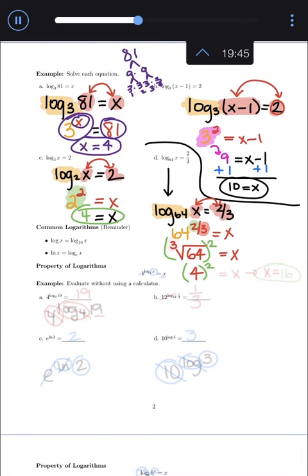Well, if I square the 4 I just got, that will give me an x of 16. That's my final answer. Notice that being able to come up with this answer hinged upon you being able to remember that whatever is on the denominator tells you what kind of root you have.